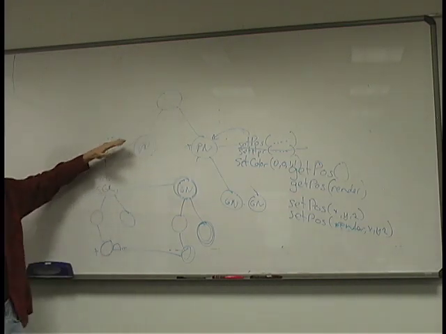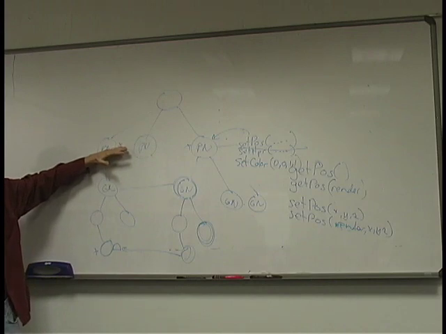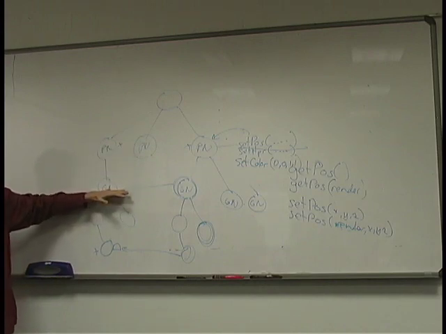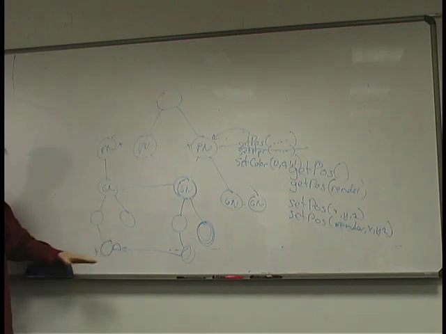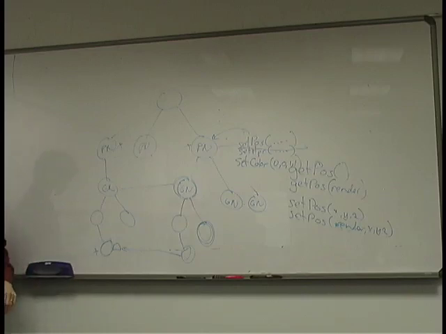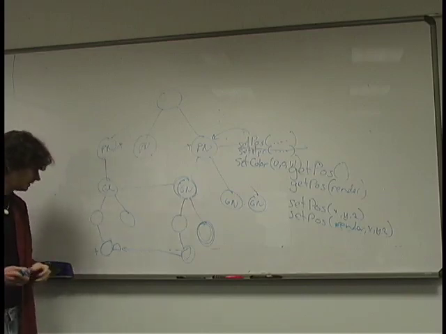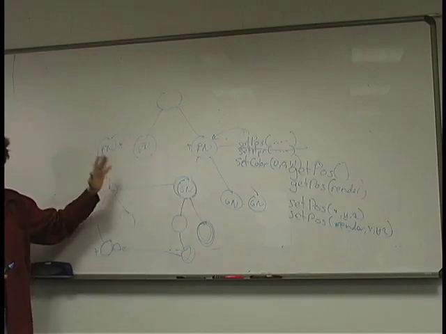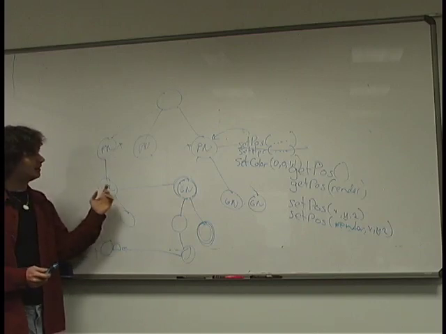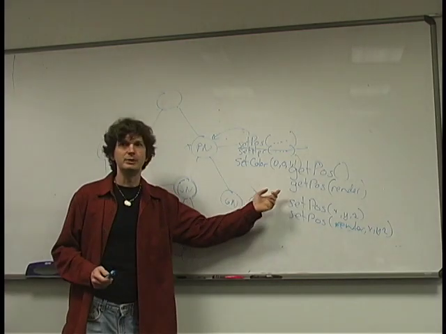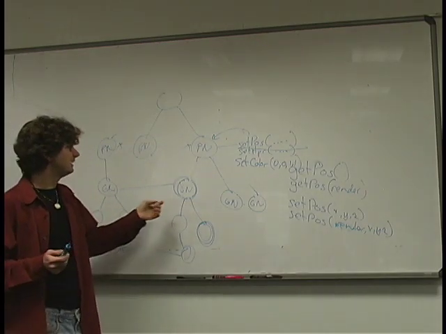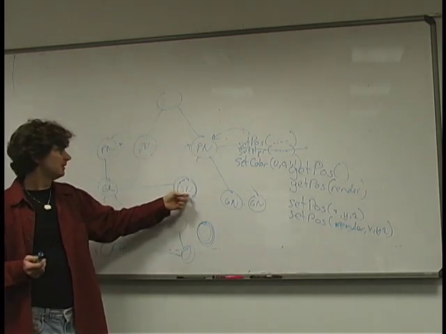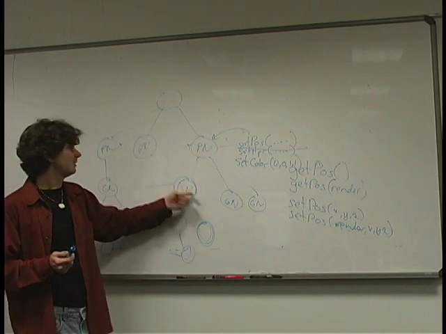As we traverse, if we come across a render state here which has a color attribute, a render state here which has a texture attribute, maybe a render state here which has a different color attribute, these all accumulate together into one big render state which finally gets applied to the vertices. This works almost identically to the way that transforms work. In fact, you can even do relative operations on the render state.